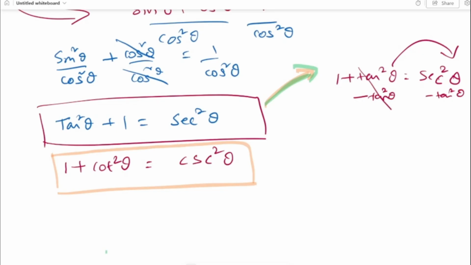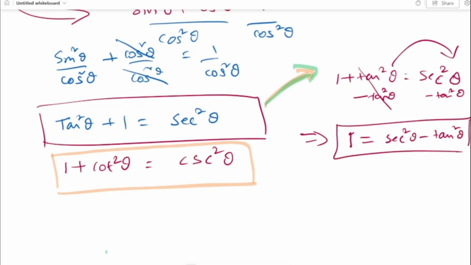So tan square cancels, and the equation resolves to 1 equal to secant square theta minus tan square theta. So always, secant square theta minus tan square theta is 1. This also is one important formula. You don't have to memorize it, but if you know the original formula, it's just rewriting it again. Likewise, cosecant square theta minus cot square theta is 1.